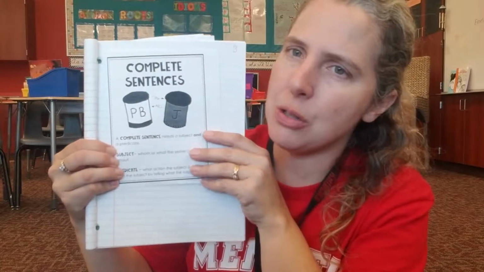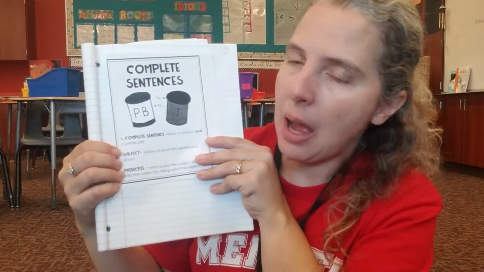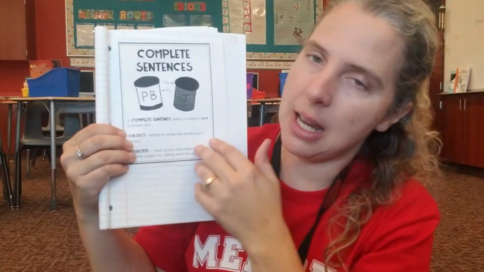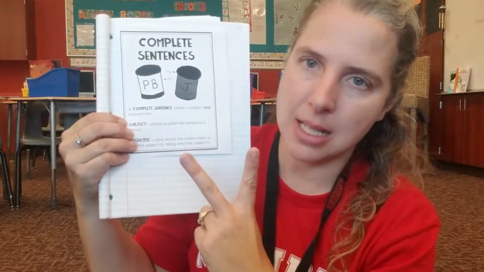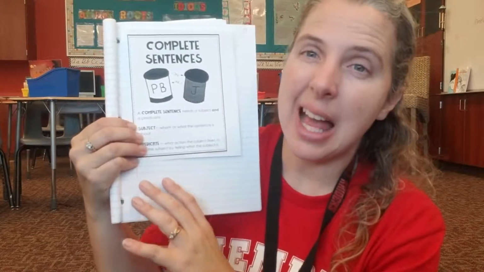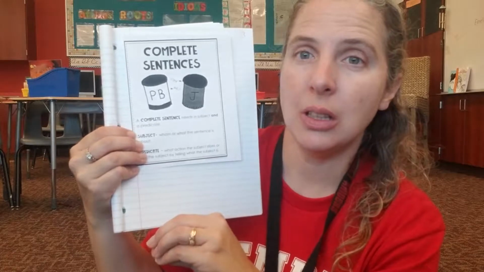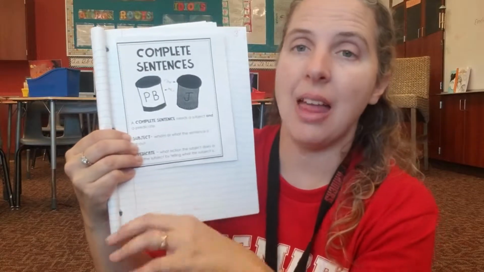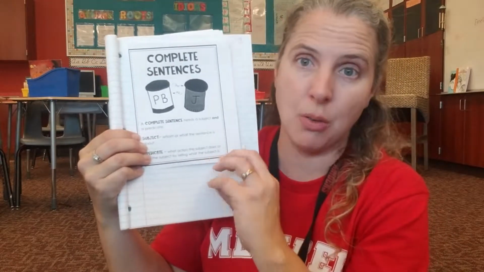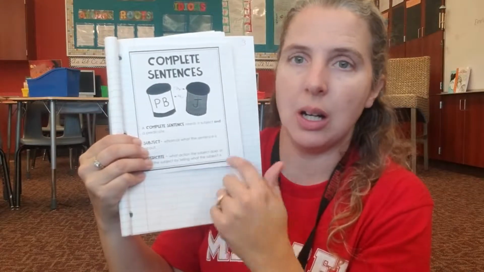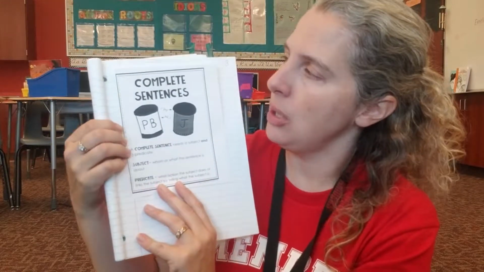But before you are done, I want you to use the space down here to write 2 sentences. Your sentences have to tell you who or what, and then what that person or thing did, or link them to something. So if you don't have any other ideas, you can always use mine.